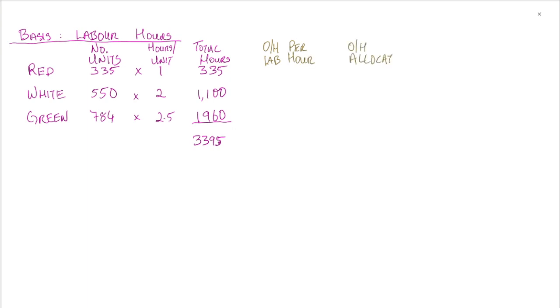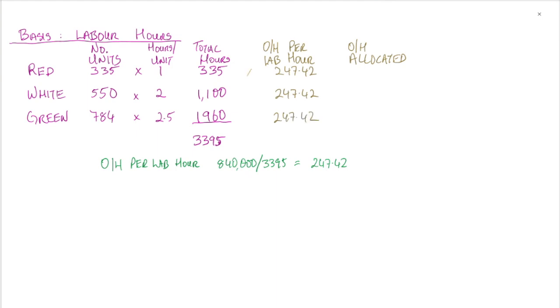Next, we're going to calculate the overhead per labor hour, so that will allow us to do the allocation. And so the overhead, 840,000 euro. The total hours was 3395, and so the overhead per hour is 247.42 euro. So what we now do is we multiply that by each of the total hours for each of the products, and that gives us the overhead that's allocated to each of those products.